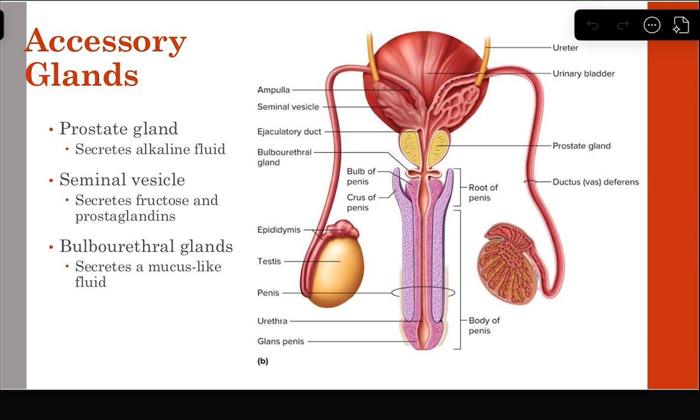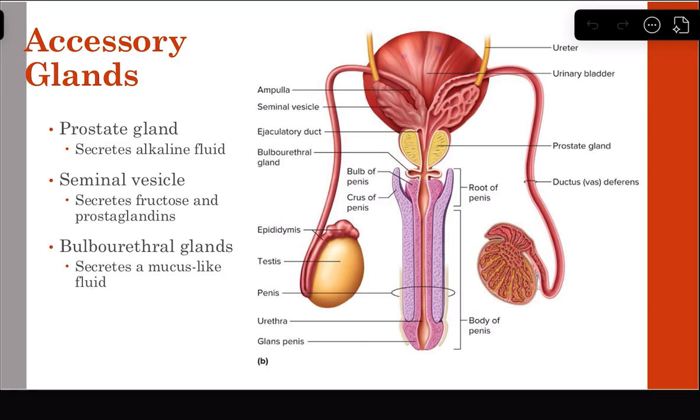Okay, so let's just take another look over here. We have the testes, we have the epididymis on top over here. It's going to have the head, the body, the tail, and that is going to extend into what we call our vas deferens. The vas deferens is going to go up all the way around to the anterior portion of the bladder, the urinary bladder, which we're all familiar with by now.